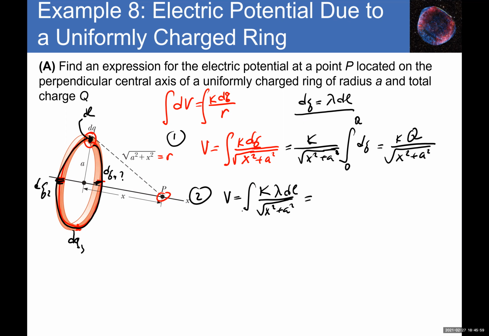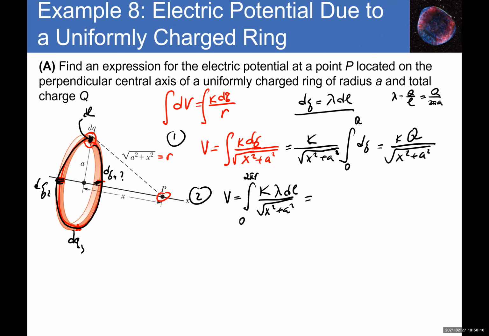That means going from 0 to 2 pi a, since going around a circle is 2 pi times the radius, and the radius is a.